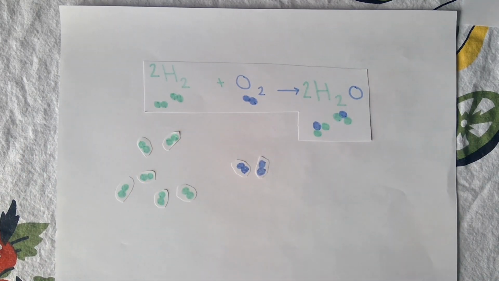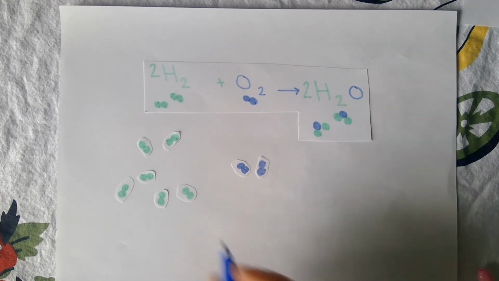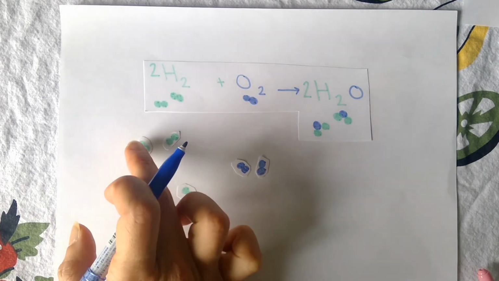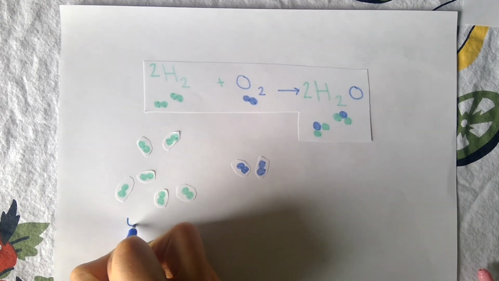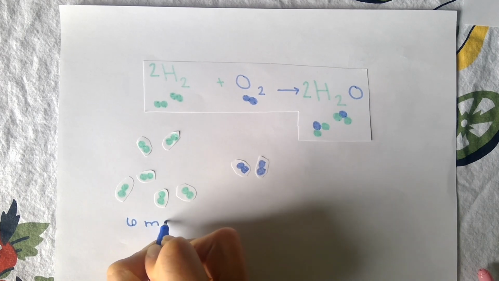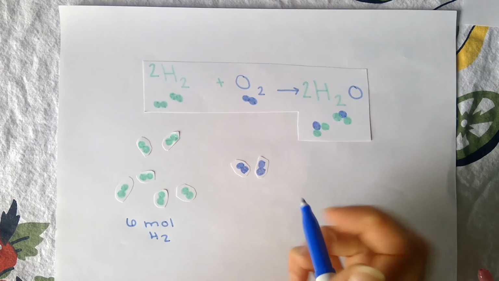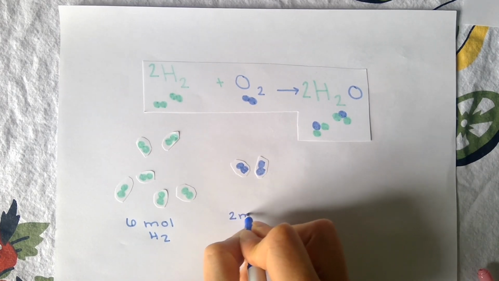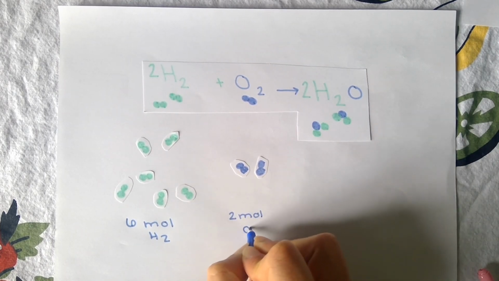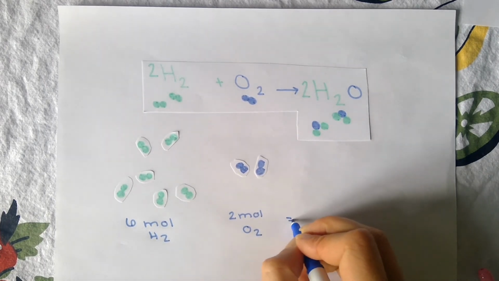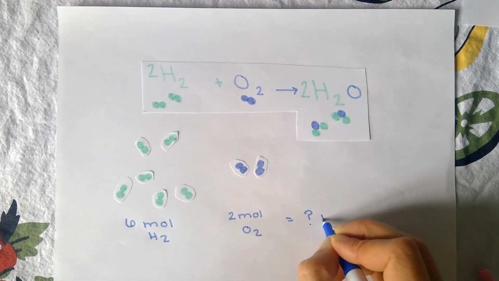If I think about this in moles, let's pretend that each one of these molecules equals a mole. I have 6 moles of hydrogen. Over here, I have 2 moles of oxygen. So my question is, how many moles of water can I produce?